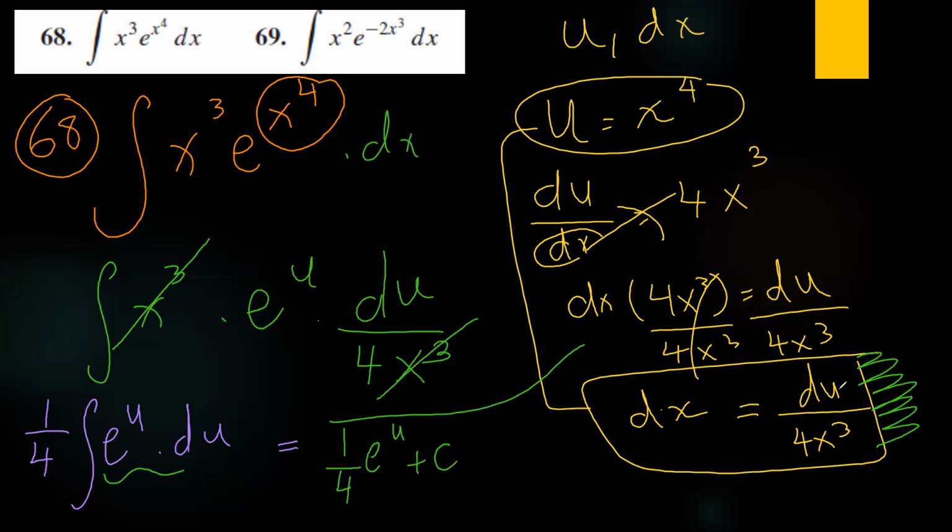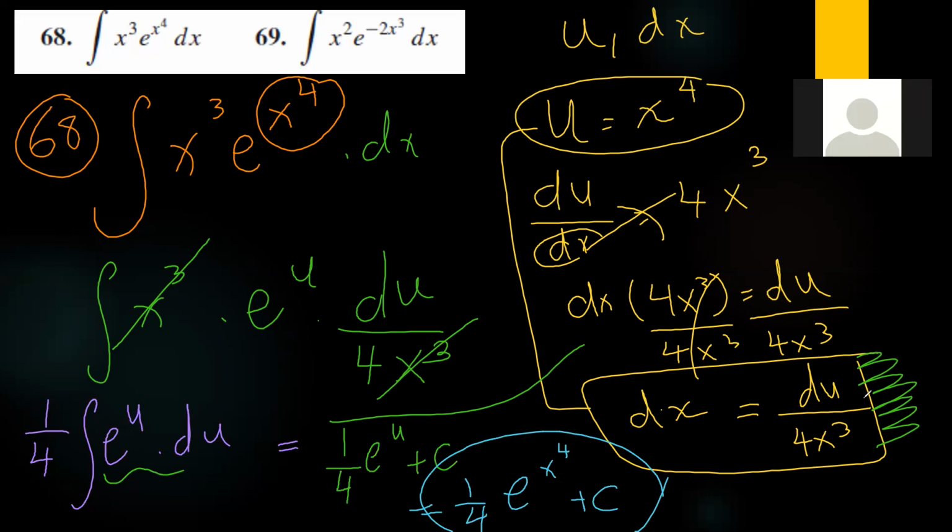Then let's come back to evaluate it with 1/4 e to the power x to the power 4 plus c. This will be now the final answer. Is it clear? Clear. Yes, teacher. Okay.